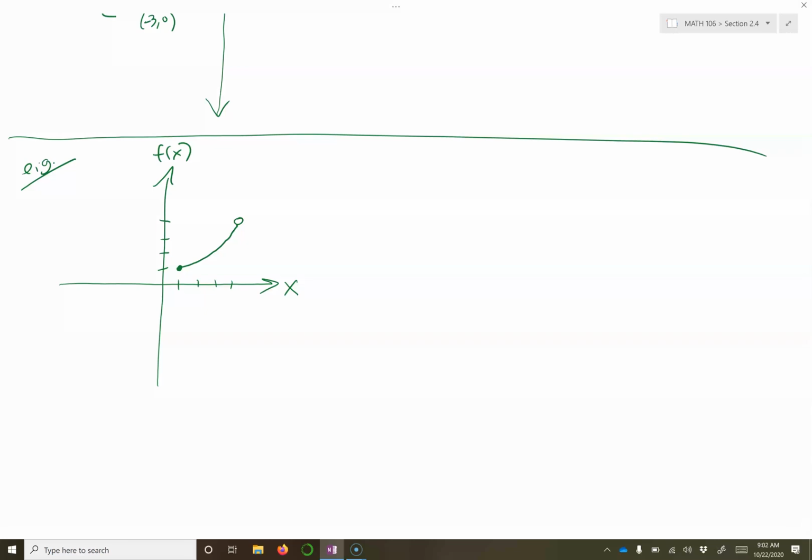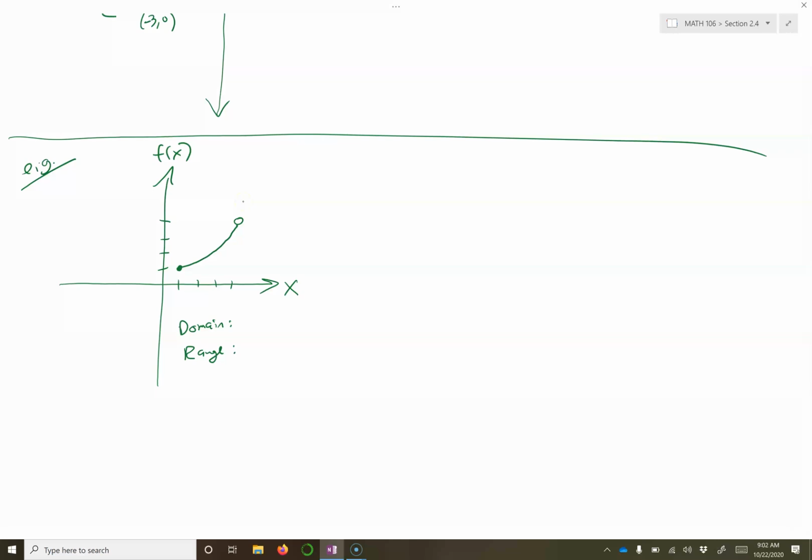Okay, so I would like the domain and the range based upon that plot. Somebody help me out. Up here, that's a hollow circle. Remember, solid circle means it's in the graph. Open circle means it's not there.